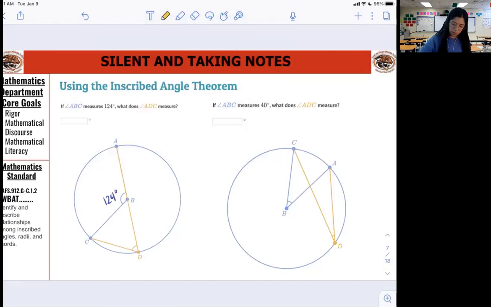Good, 62. This one was backwards. They gave you the central angle, and when you know the central angle, you have to divide it by 2 to get the inscribed angle.